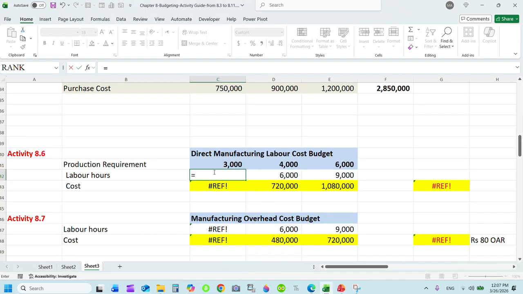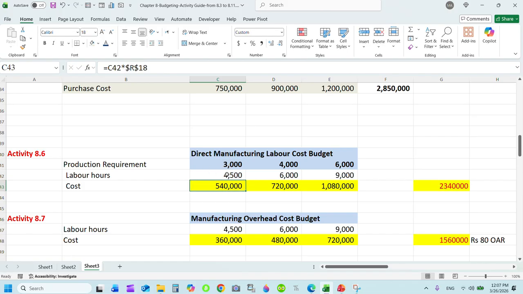So labor hour requirement equals production requirement, 3,000 units to be produced, times 1.5 hours.